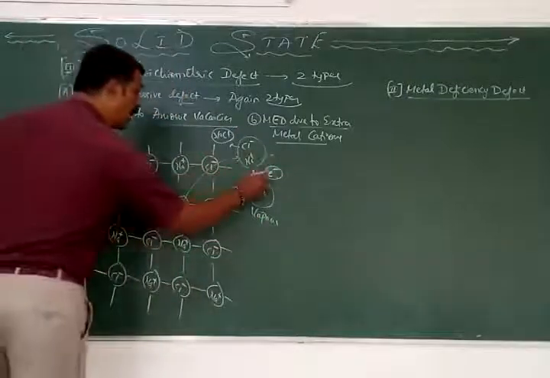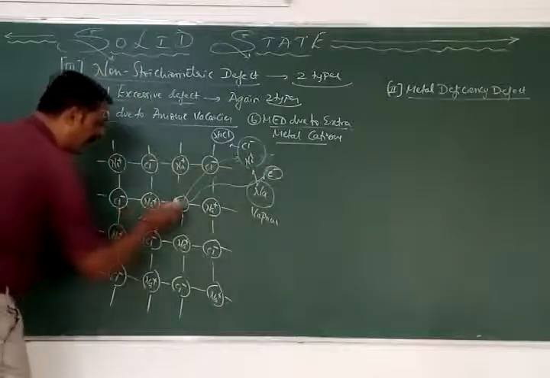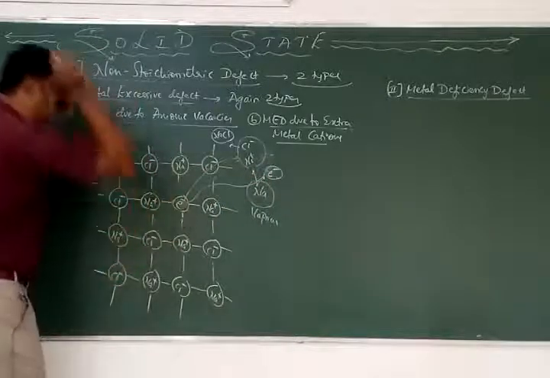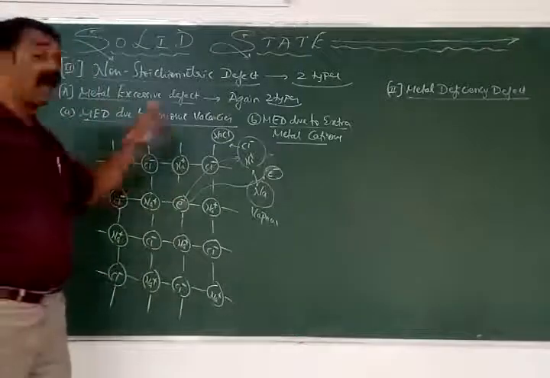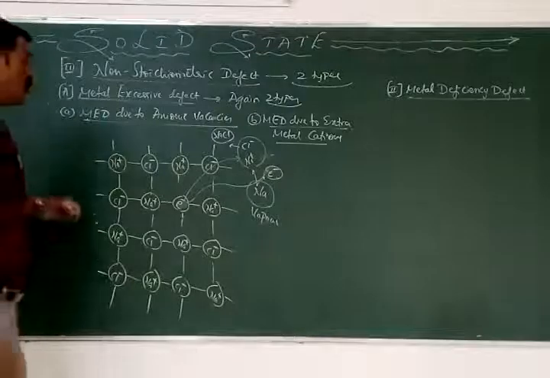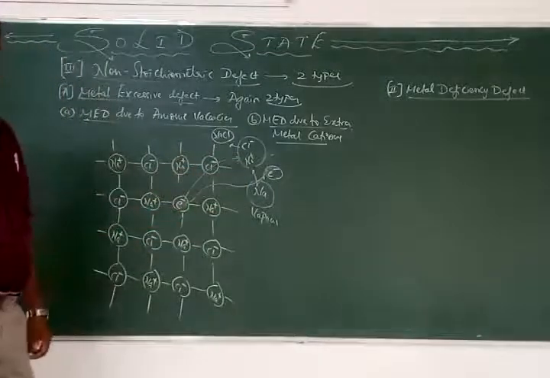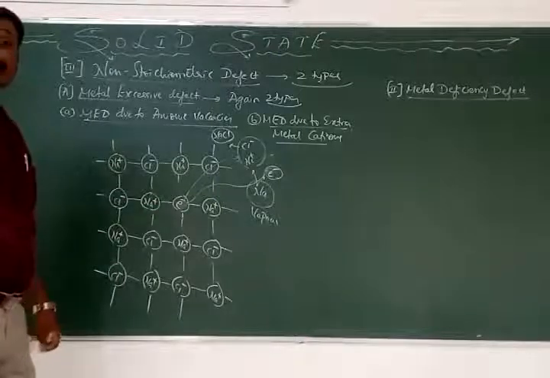To maintain electrical neutrality, what happens? This electron enters the anionic position. Which is the anion here? It is Cl minus. So when heating in support of a small amount of sodium vapor, sodium vaporizes to form Na plus and Cl minus.